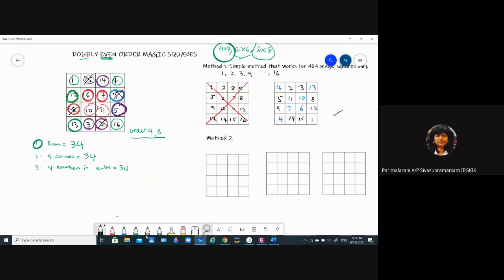Okay. Now let's look at method 2. In method 2, we are going to divide the squares into smaller squares.